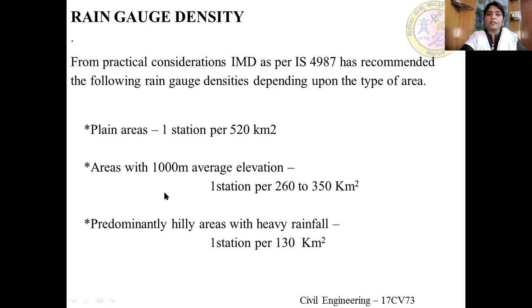If the areas have an average elevation of 1000 meters, then one station per 260 to 350 square kilometers. And wherever there are predominantly hilly areas with heavy rainfall, you can have one station per 130 square kilometers. So in hilly areas, we need more rain gauge stations.